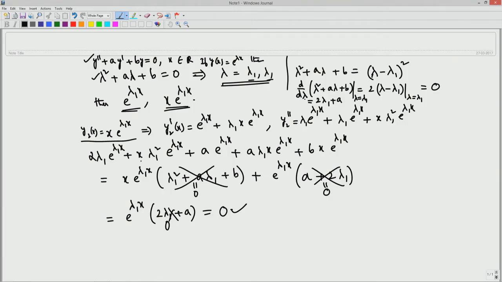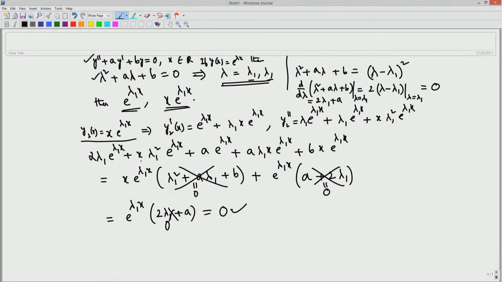So the polynomial and its derivatives up to k, once you put lambda equal to lambda 1, are all 0 when you substitute x power k into e power lambda 1 x. That makes it a solution.